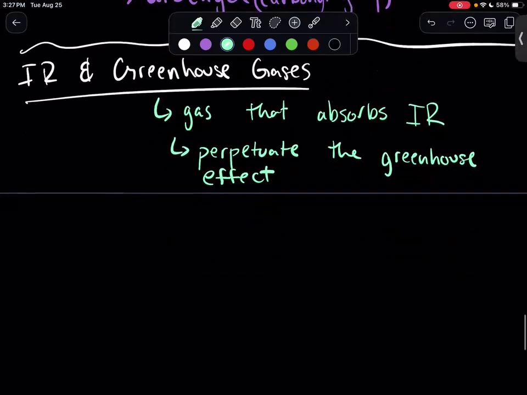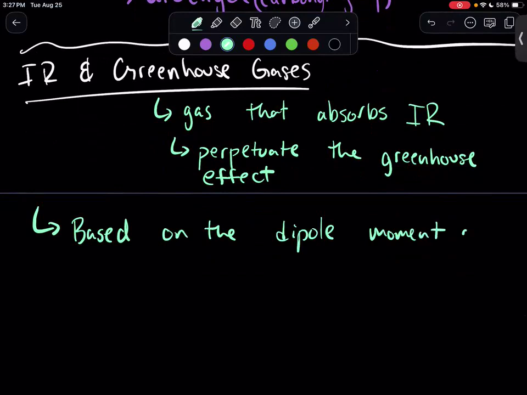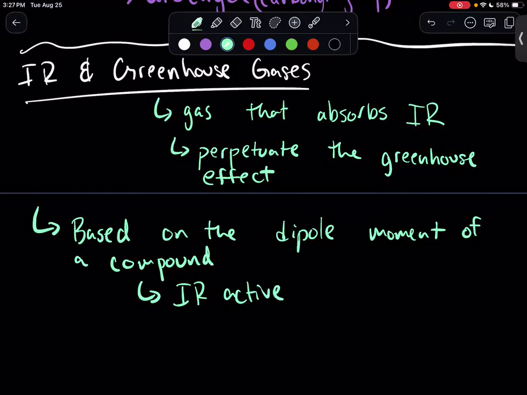So, what really affects this? Well, this is where we start classifying compounds. And basically, this is all based on the dipole moment of a compound, and whether that dipole moment makes the compound IR active or IR inactive.